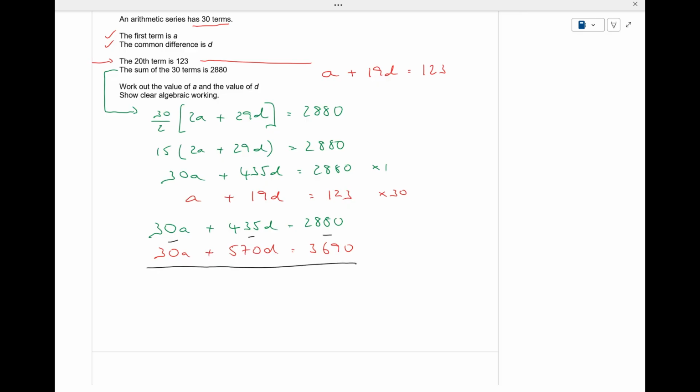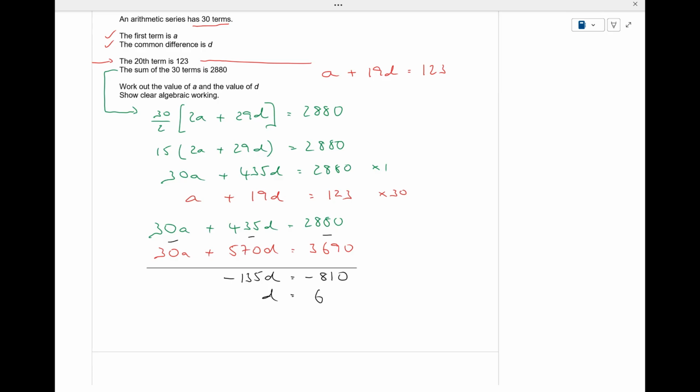So I'm going to have 30A minus 30A, forget it. 435 minus 570 is minus 135D, equals 2,880 minus 3,690, which is minus 810. Divide both sides by minus 135. D is 6.